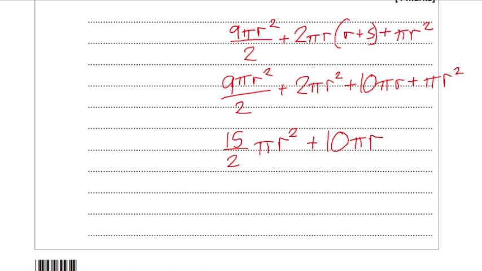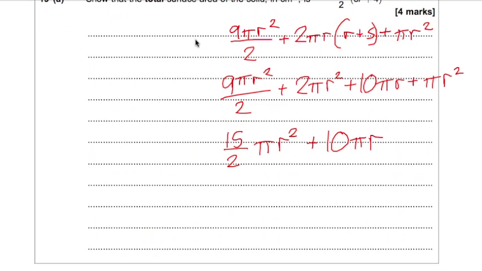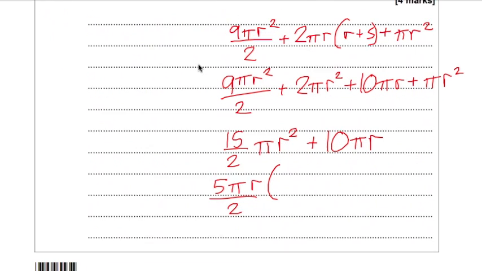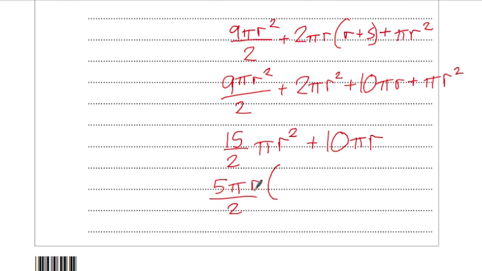Now, it looks like what they've done is factorised out 5 pi r over 2. So let's do that and make sure it checks out. So we'd have to multiply that by 3r to get the first term, and 4 to get the last term.